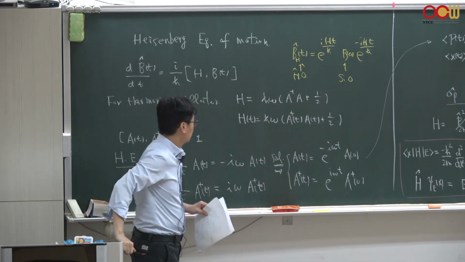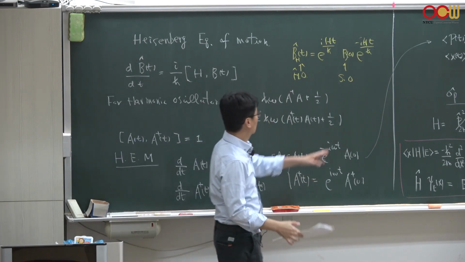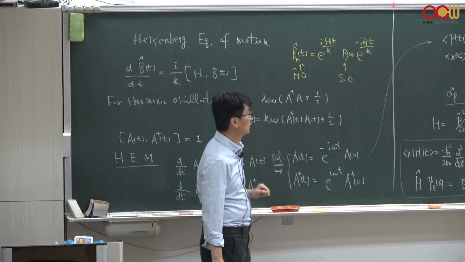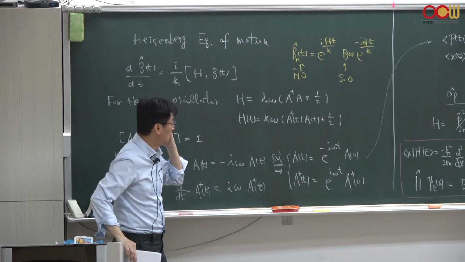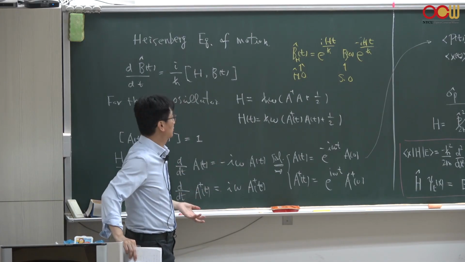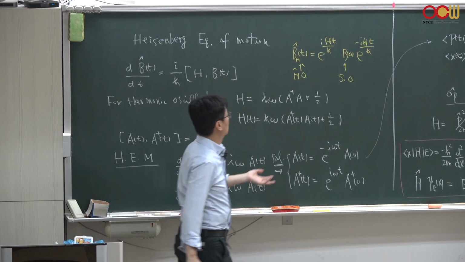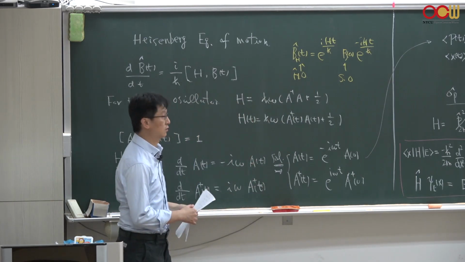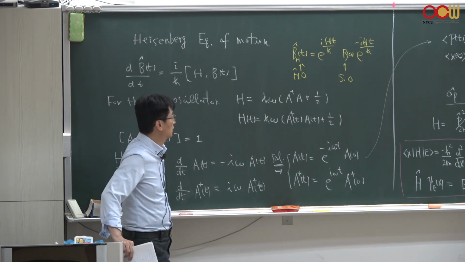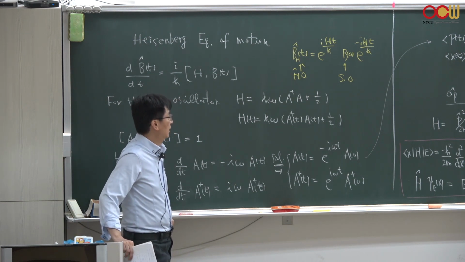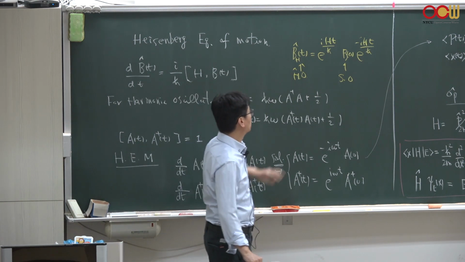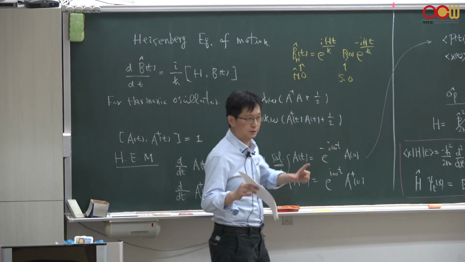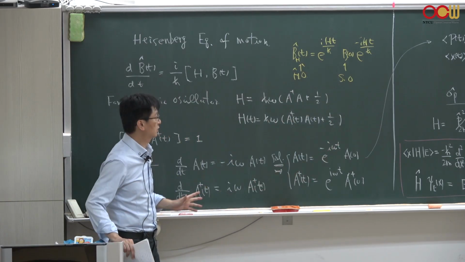Suppose this operator B at time equals 0 is the Schrödinger operator that we are familiar with. As we mentioned last time, we could collect all this time-dependent operator and combine it with the Schrödinger operator when we evaluate the expectation value of the operator at any given time.